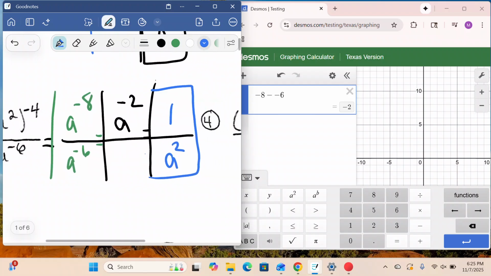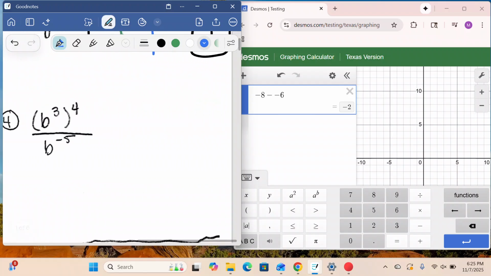By looking at problem number 4, I'm doing the same type of problem, so I'm going to put an equal sign, and of course I'm going to do my long division sign all the way to the bottom, and then I'm going to do my railroad tracks. Next, on the top of the numerator, I have a power raised to a power, so that gives me b to the 4 times 3, which gives me 12.